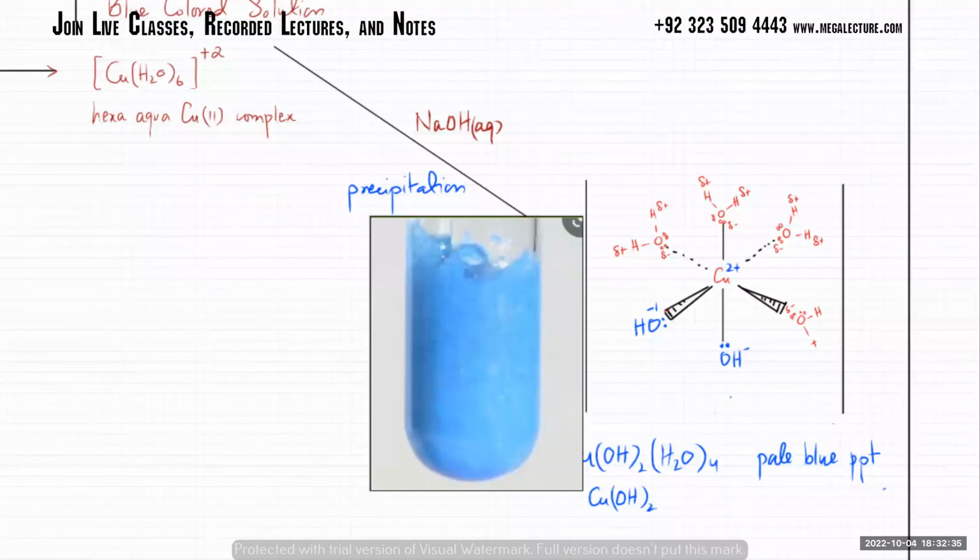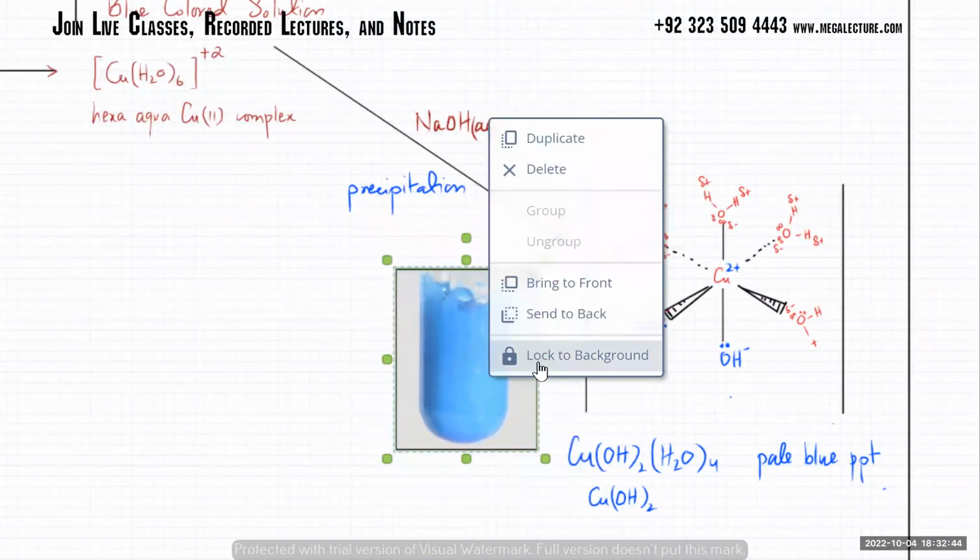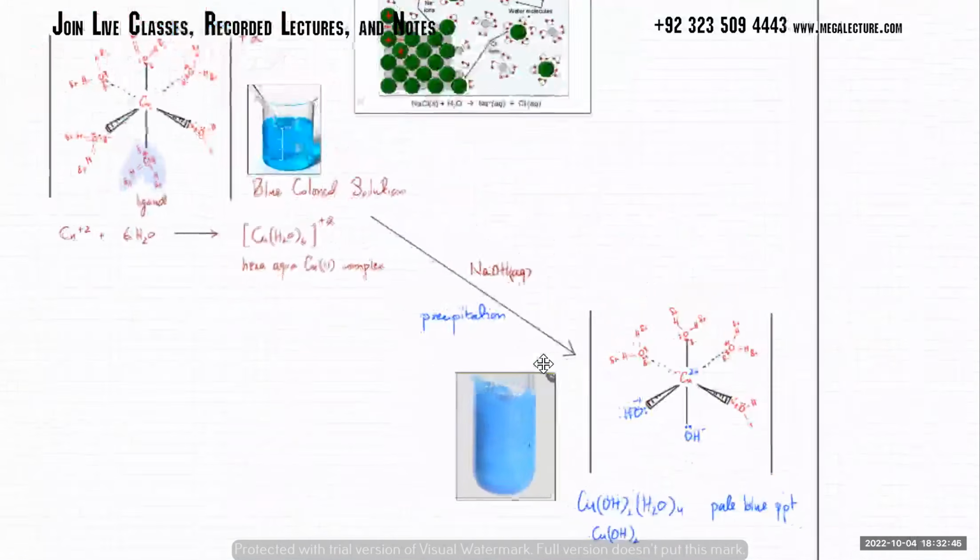Just for reference, I'm adding the picture. So your blue colored solution has turned into this pale blue precipitate of copper hydroxide by adding NaOH. Is this point clear?